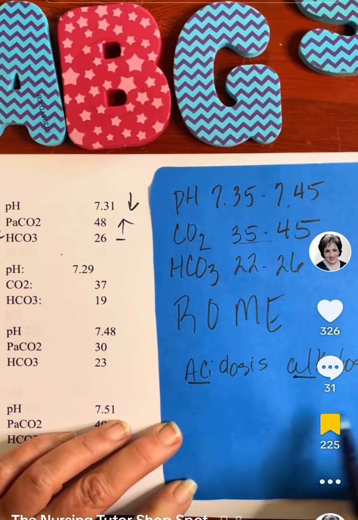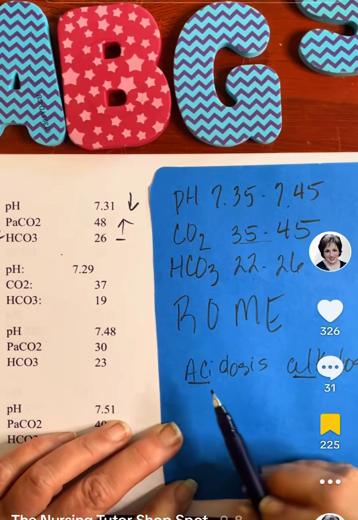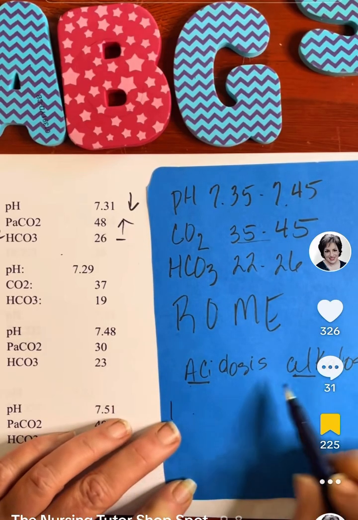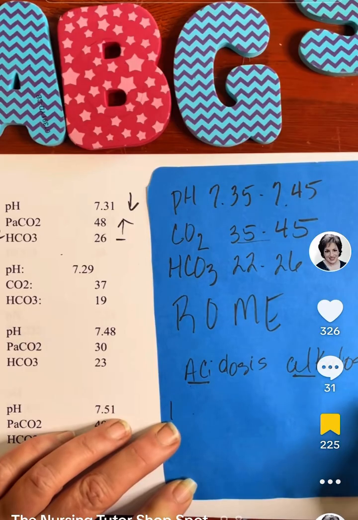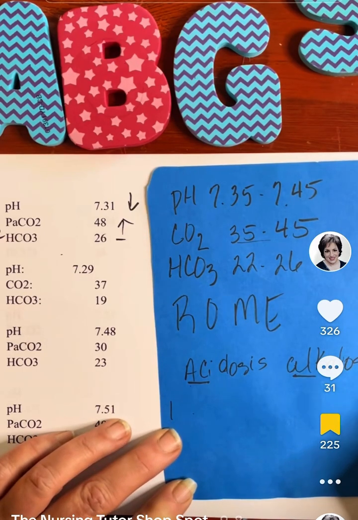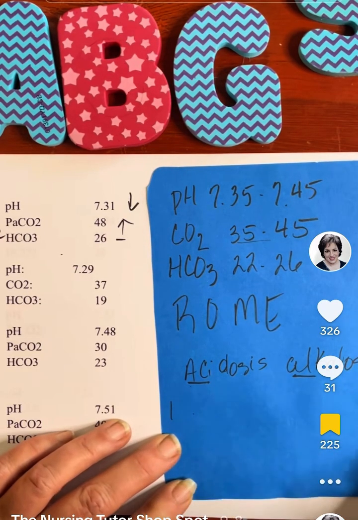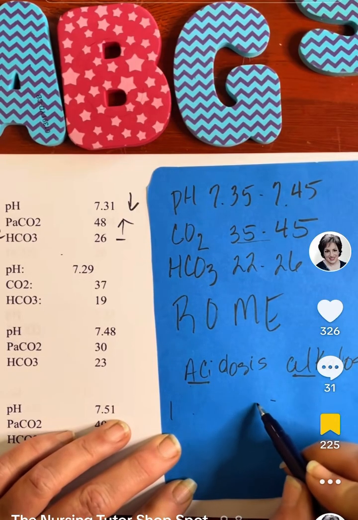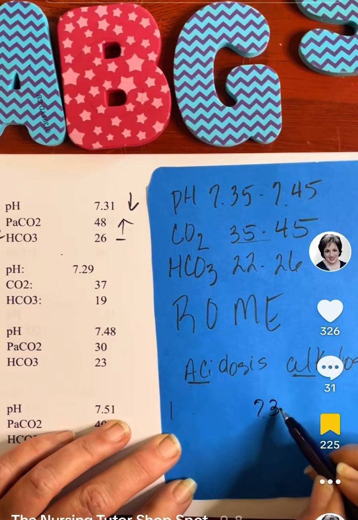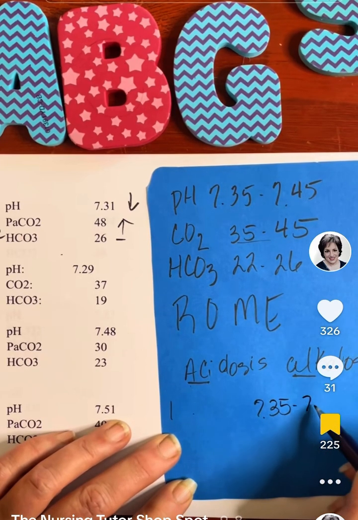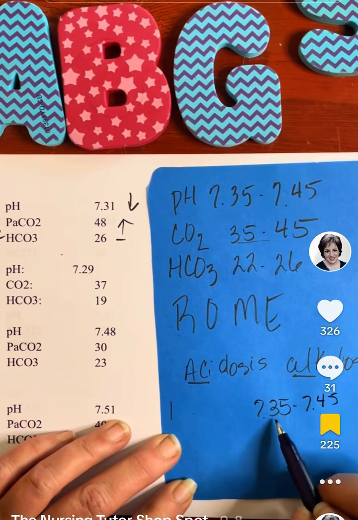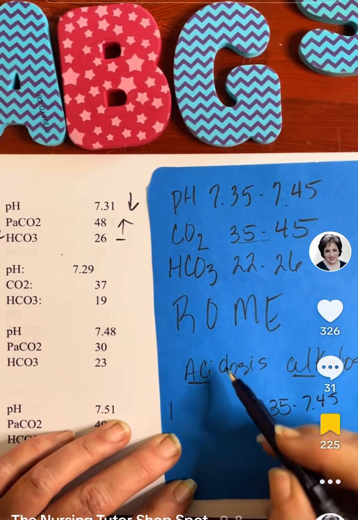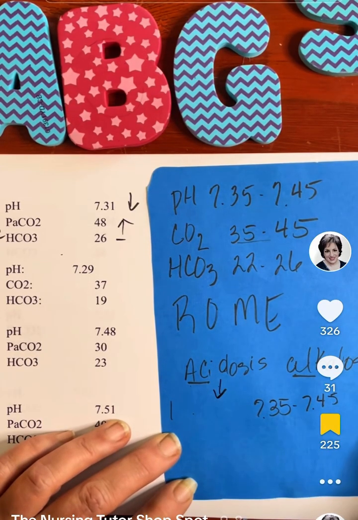And if I change the alphabet to numbers, AC would be closer to 1 and AL would be on out here. The pH scale is 1 to 14. So if the normal pH is 7.35 to 7.45, if it's less than that, it's going to be acidosis. If it's greater than that, it's going to be alkalosis.